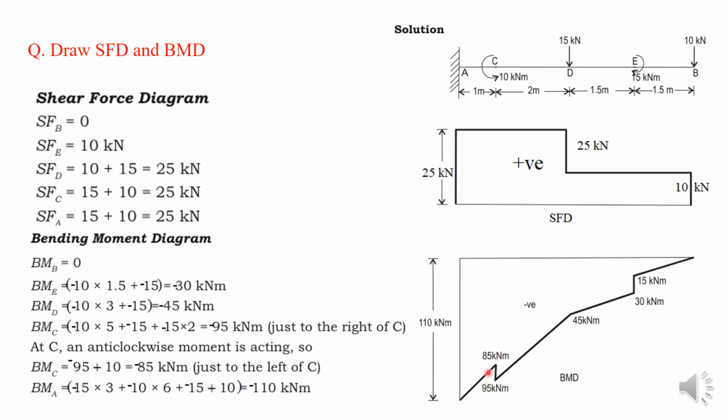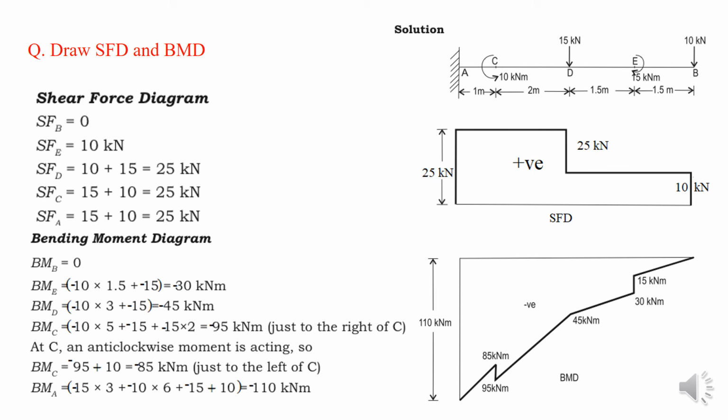Then the bending moment at A: just write down the equation for bending moment at A and you will get minus 110. So draw an inclined line from minus 85 to minus 110 kilonewton meter, mark it as negative, then shade the region. So this is about the shear force and bending moment diagram for this particular problem.